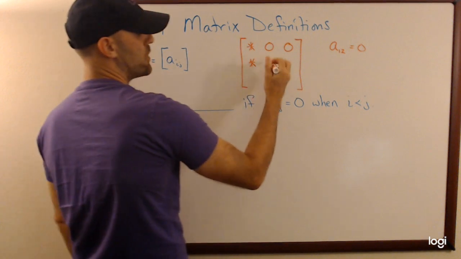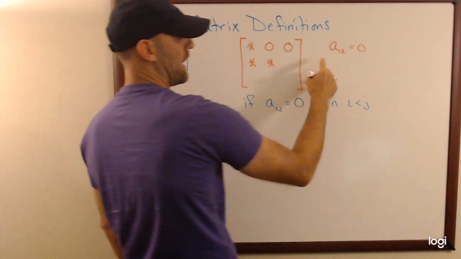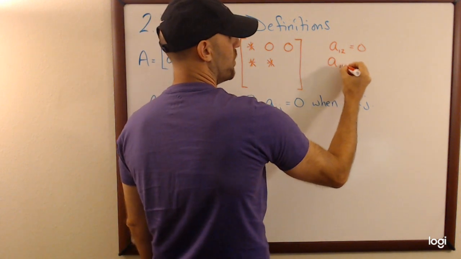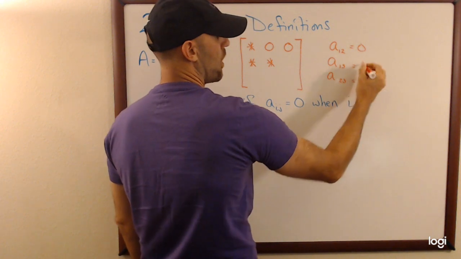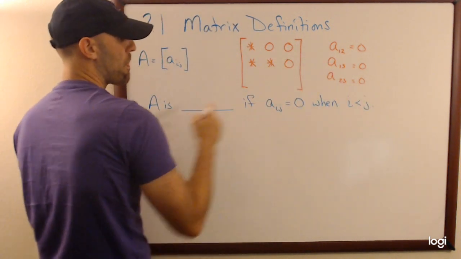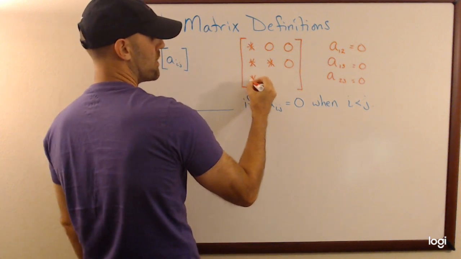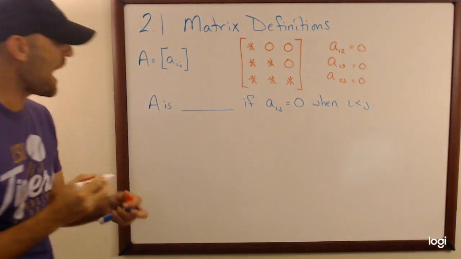This is A2,2, don't know anything about that one. This one's A2,3, and just like 1,2 and 1,3, the row index is less than the column index, so that one has to be 0. This is A3,1, don't know anything. 3,2, don't know anything. And 3,3. And what has happened?